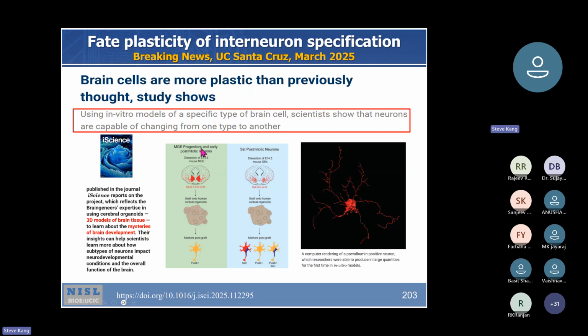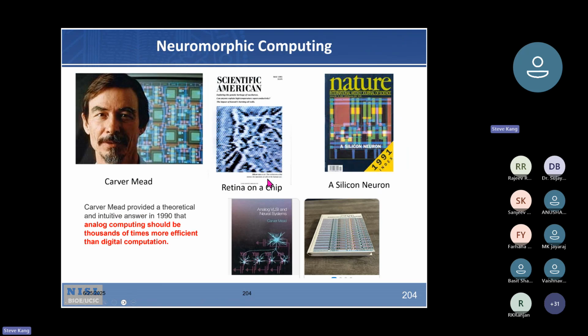But nevertheless, the current state of the art in neuromorphic computing is not yet accepting this sort of new facts yet. So neuromorphic computing was initiated by Professor Carver Mead, this gentleman here, in his 90s now.